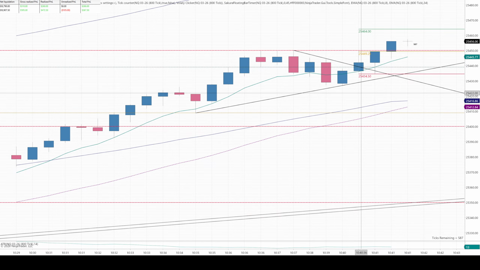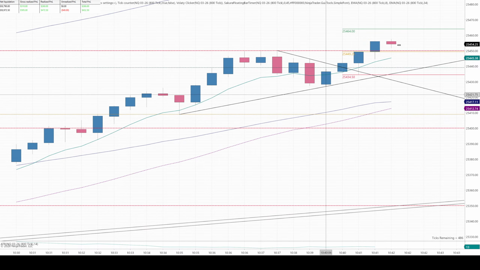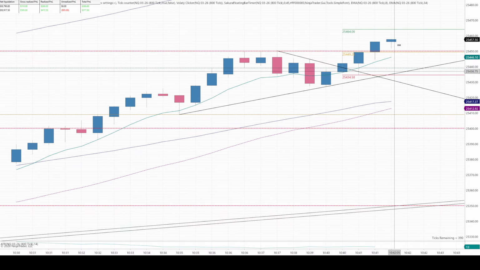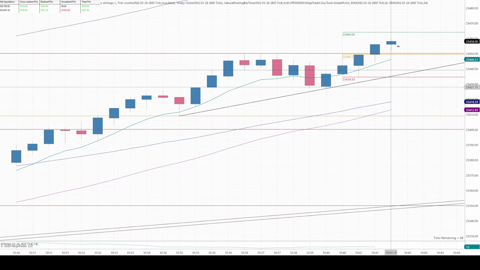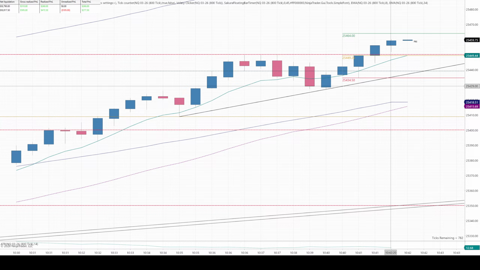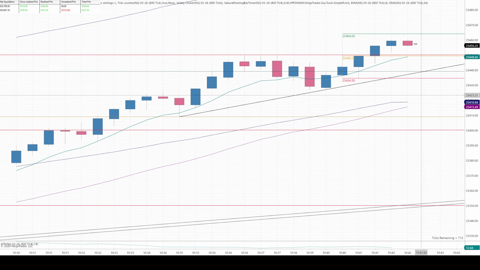We do have this little trend line here going. Oh, it still had me in the trade for some reason, and that stinks. You guys saw me cancel it.